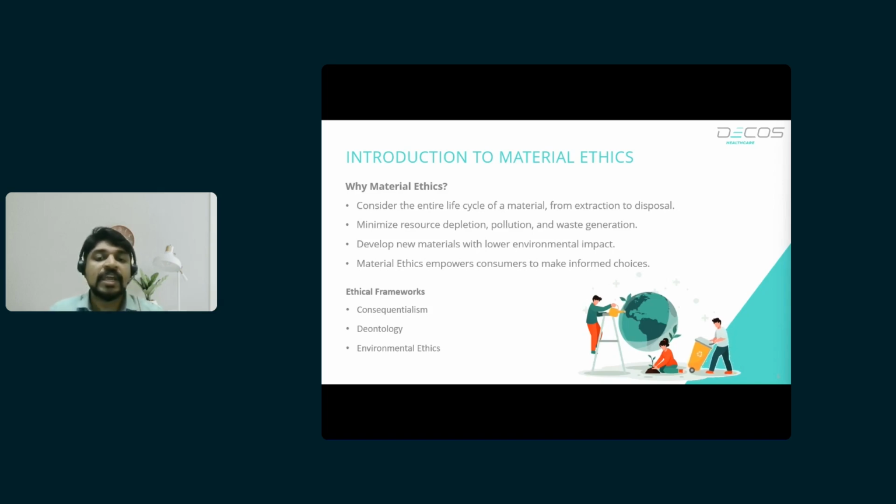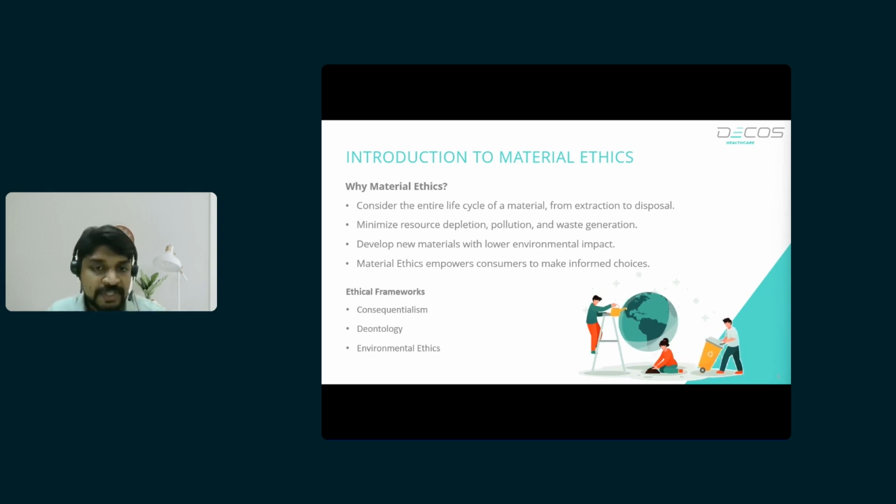There are three ethical framework terminologies. The first one is consequentialism. Maximizing overall well-being is the goal, considering the long-term social and environmental impact of the material choice, which aligns with this framework.